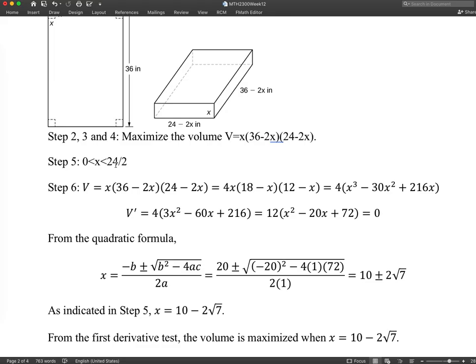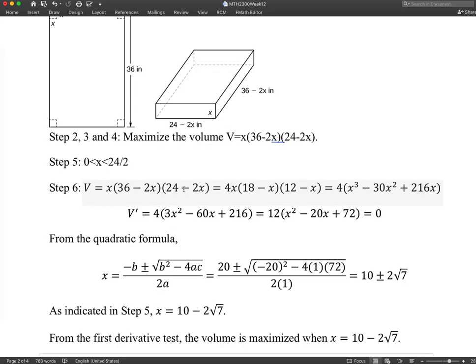Okay. And then step 6, actually, this is the most important step. To find out the maximum or minimum, we are going to use derivative, right? And also, before you work with the derivative calculation, in this case, you want to know this is a product of 3 functions, 3 factors.